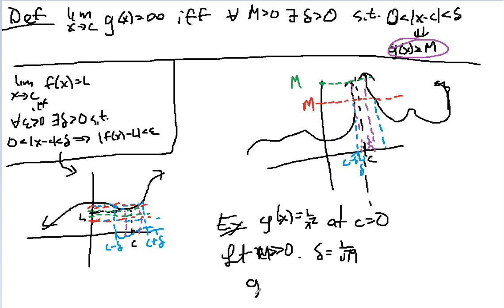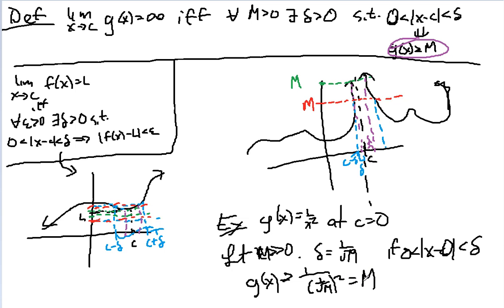Because then what you get is, if the absolute value of x minus c is less than delta, you get g of x is bigger than or equal to, I can replace that with something smaller, 1 over the square root of m, squared, which gives me m. So g of x is bigger than or equal to m, and we're done.